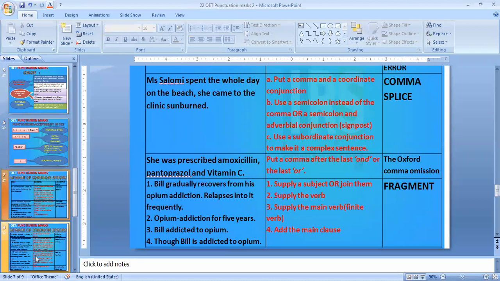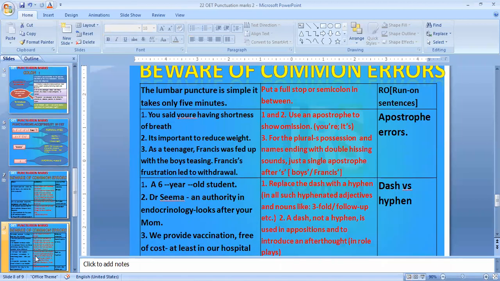Okay. Next one. Beware of common errors. What's the first one? Please read that one. The lumbar puncture is simple. It takes only 5 minutes. Yes. What is the problem? The problem is mentioned here. It's a run-on sentence. The sentence is not stopping.